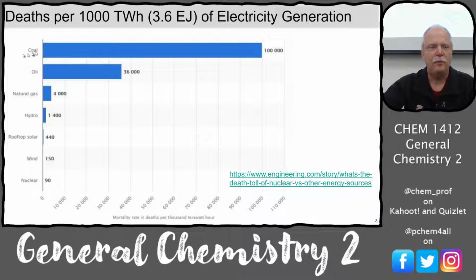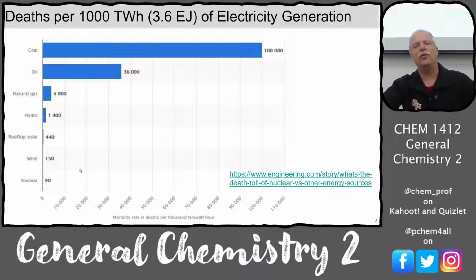And so in coal, again, the mining of the coal with explosives, the transport of the coal, the production of the powdered coal at the power plant and all of that, it's responsible for about 100,000 deaths per 3.6 exajoules. Oil, 36,000, natural gas, 4,000, hydro, 1,400, and nuclear is way down here.